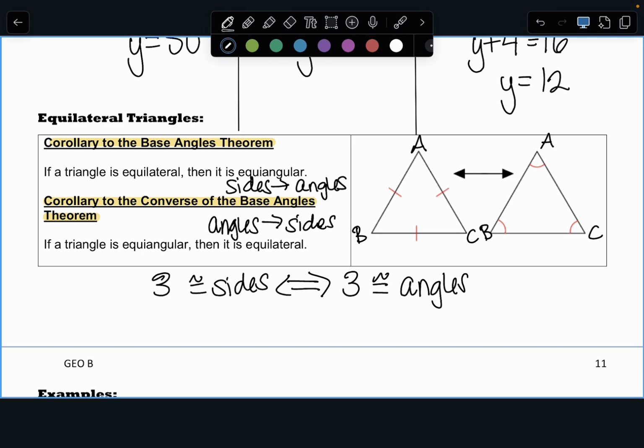But in our picture, since AB is congruent to BC, which is congruent to CA, then our triangle is equilateral, so it has to be equiangular. So angle A, congruent to angle B, congruent to angle C. Three congruent sides means three congruent angles.